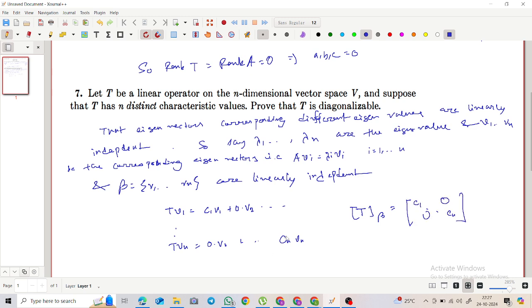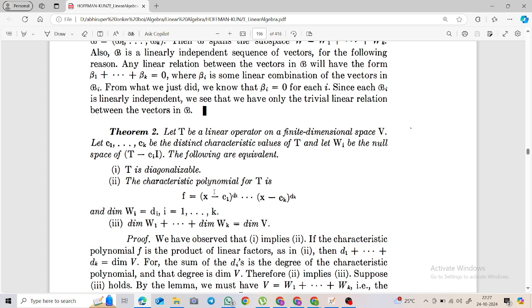Or you can directly use this theorem 2: T is diagonalizable if and only if summation di is k. So in this case, k equals n and di equals 1 for all i.